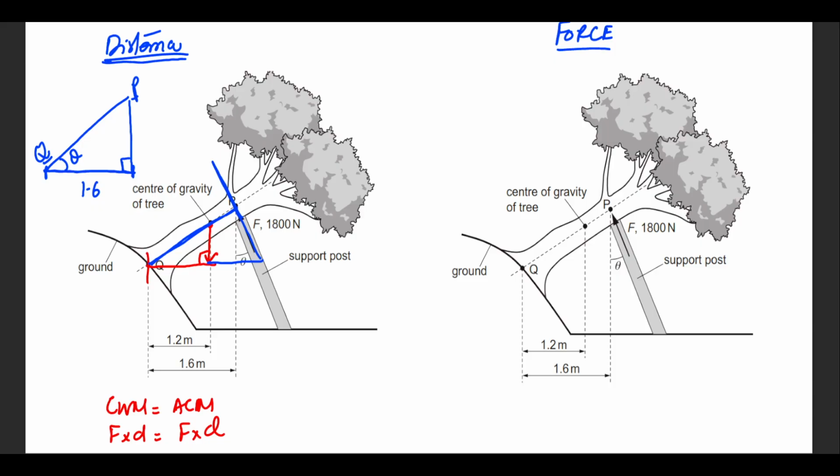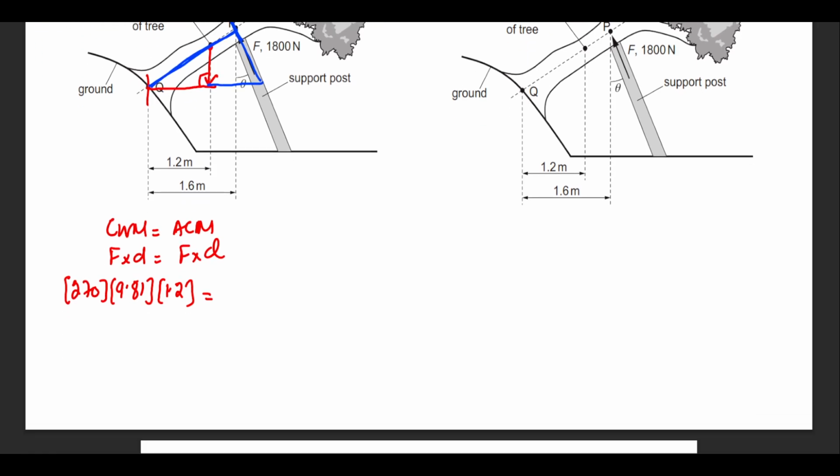So this should come down as 1.6, for example. Something like this. So this will be cosine of theta equals 1.6 divided by QP. So QP equals 1.6 divided by cosine of theta. Now I can use this line of action of force with 1800, very straightforward.